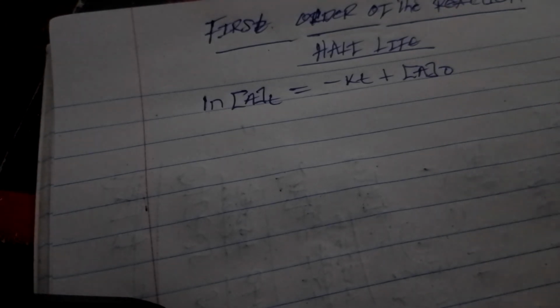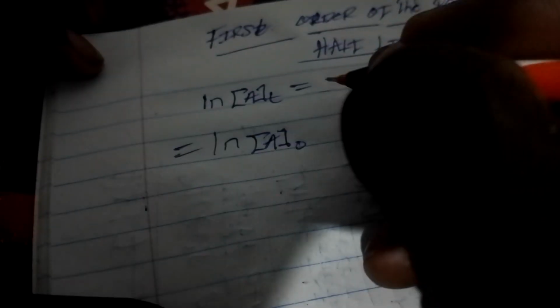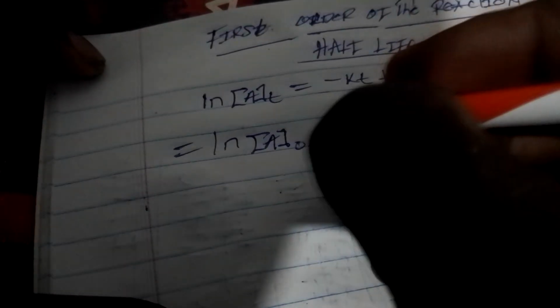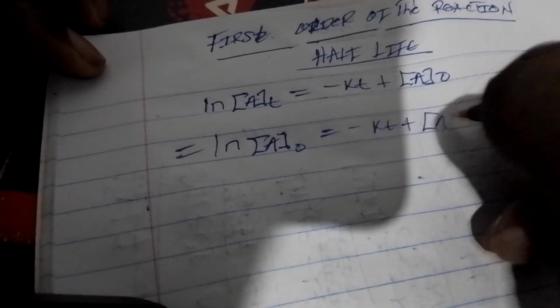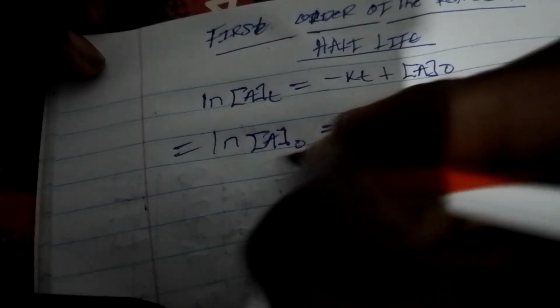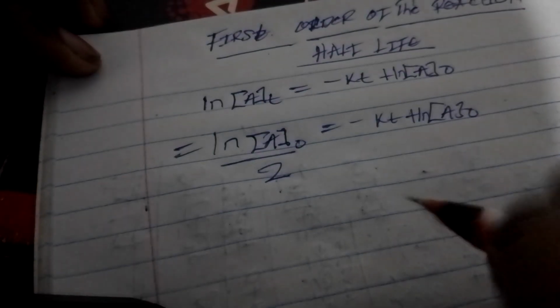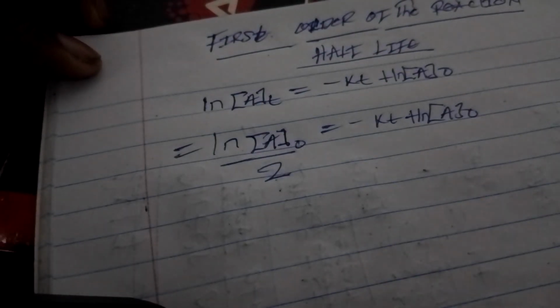So what's going to happen? That changes from the concentration at each point of time to the concentration which is decreasing to its initial value, KT plus initial concentration. We know to say this is the ln, which is natural log, divided by 2, based on it decreasing by half.